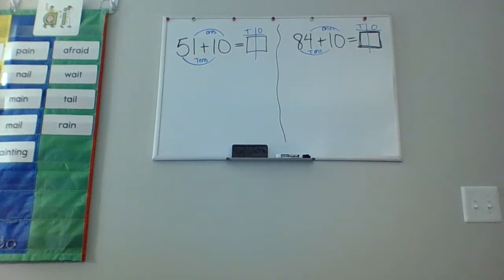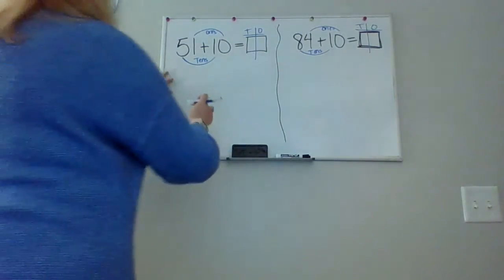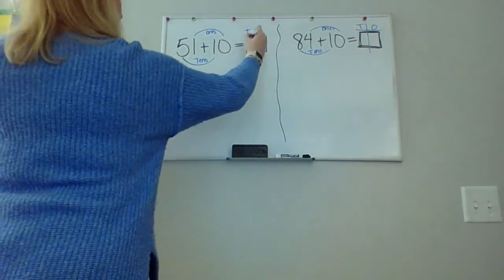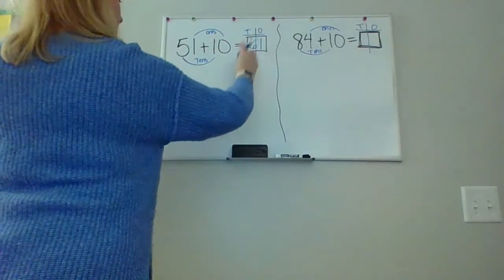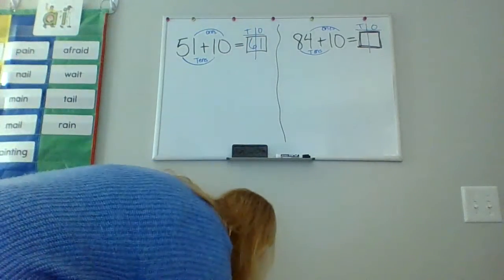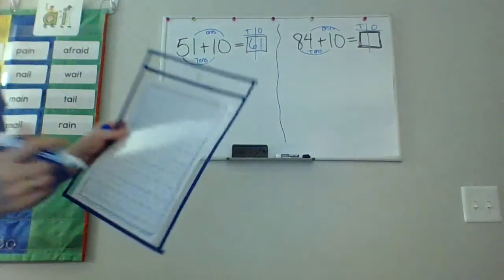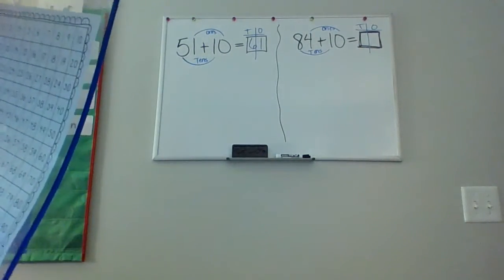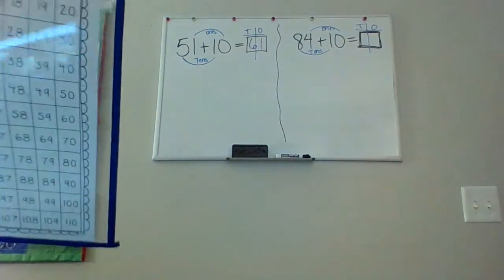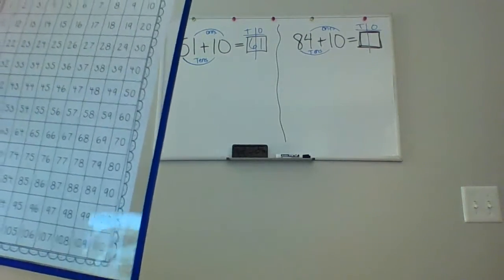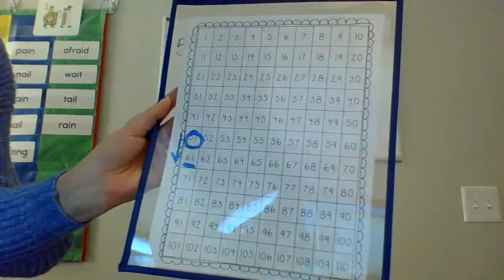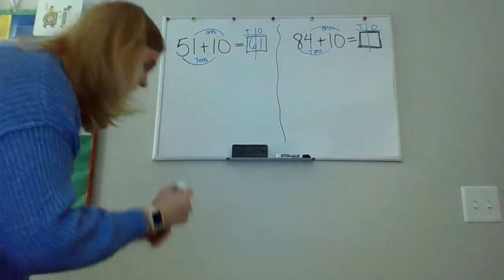George, what's 51 plus 10? 61. 61, right. 5 plus 1 is 6. 1 plus 0 is 1. 61. If I found 51 on my board, right here, going down is adding a 10. There is 61. That is how I double checked my work.